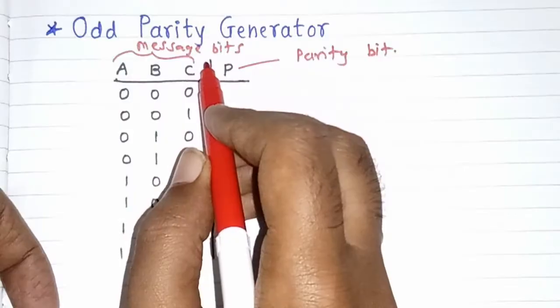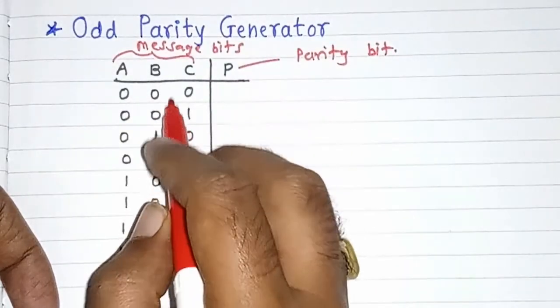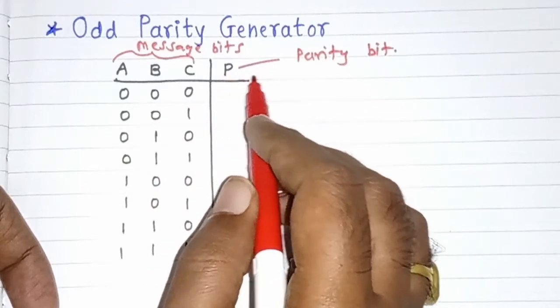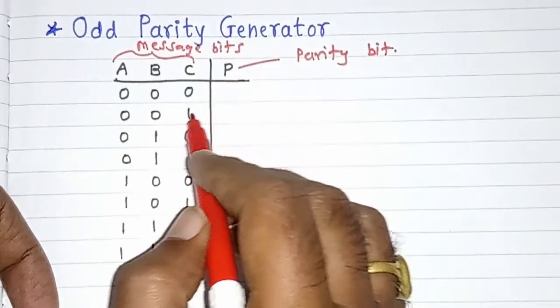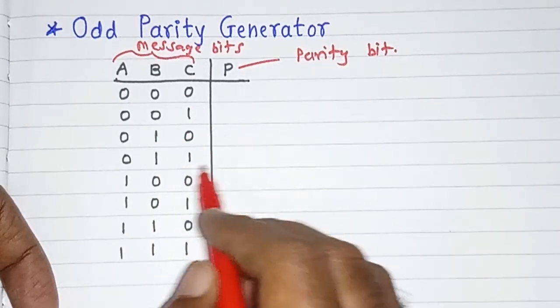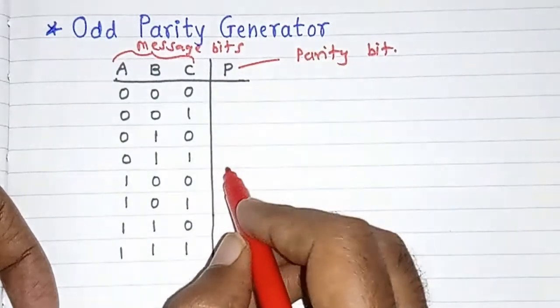Odd parity generator means if the number of ones in the message bits is odd, then the parity bit will be 0. If the number of ones in the message bits is even, then to make it odd parity, the transmitter will make this P equal to 1.